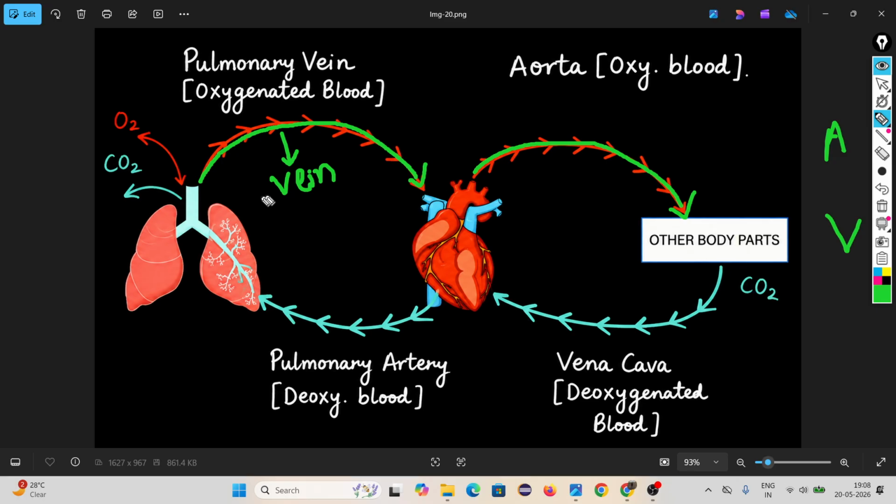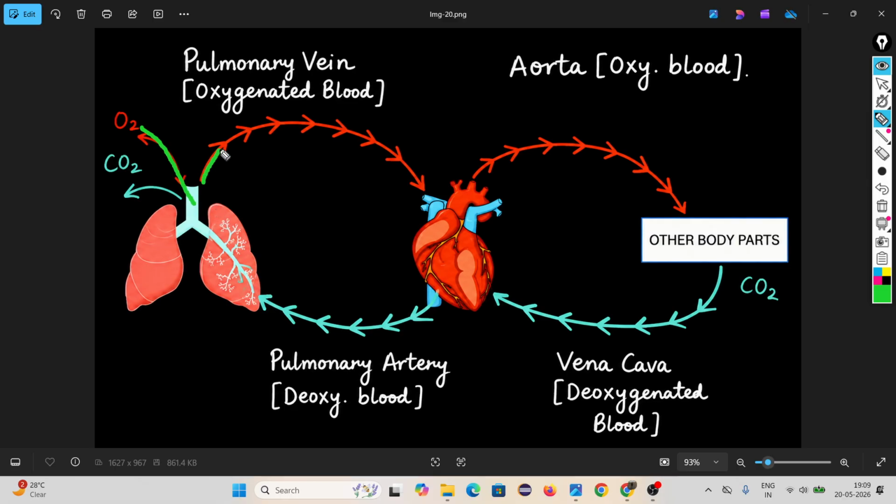The vein that connects the lungs and the heart is called the pulmonary vein. This is the only exception where a vein carries oxygenated blood. Otherwise, any vein in our body carries deoxygenated blood, but the vein that connects our lungs and heart carries oxygenated blood. Now, oxygen is coming into the lungs.